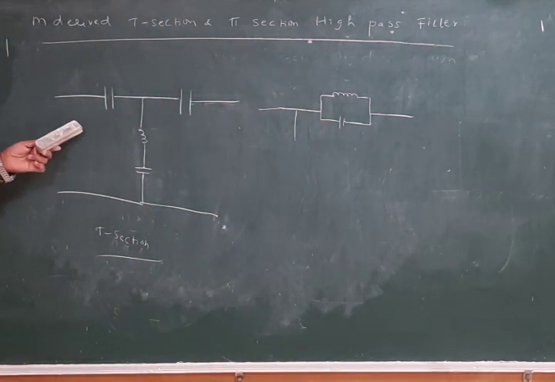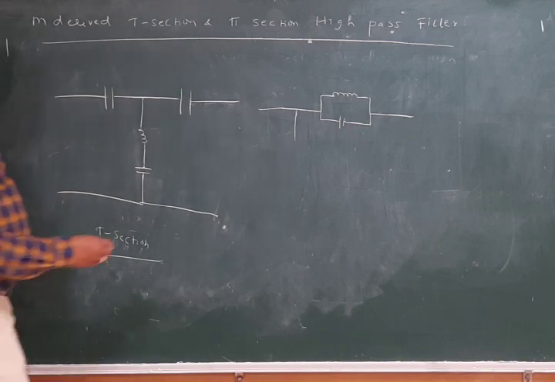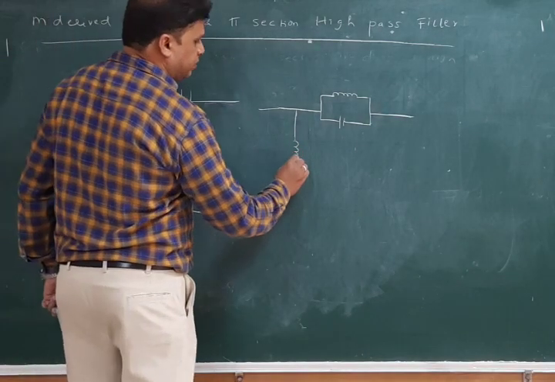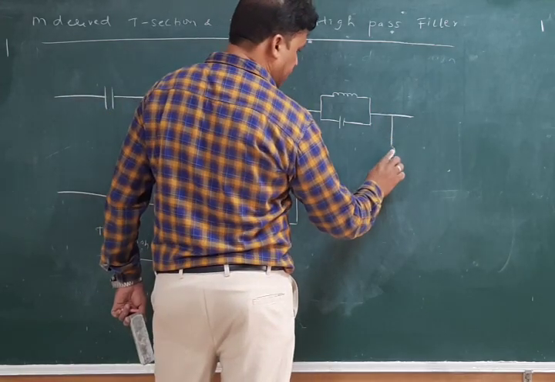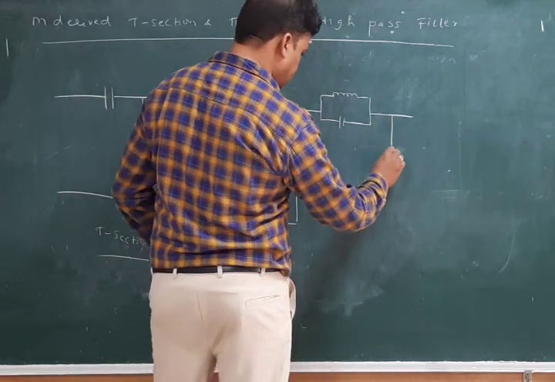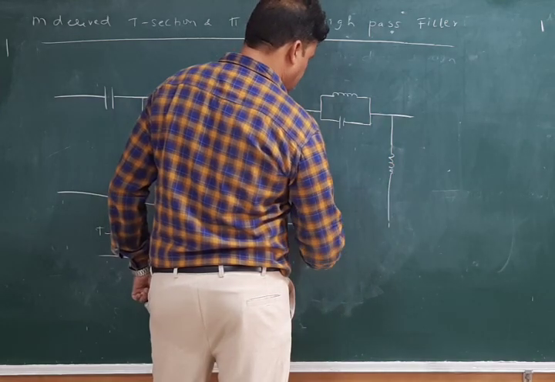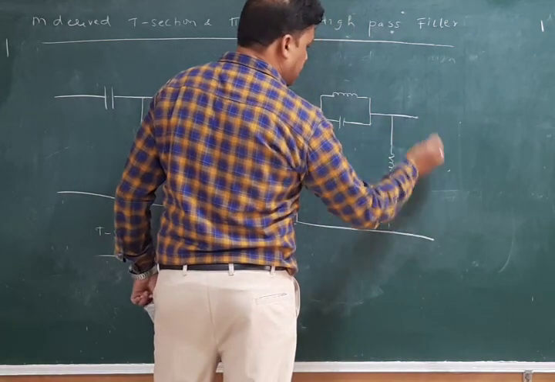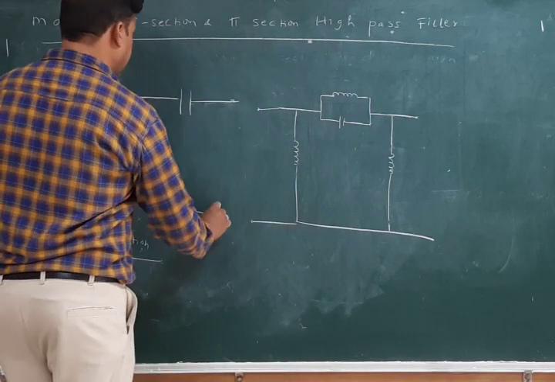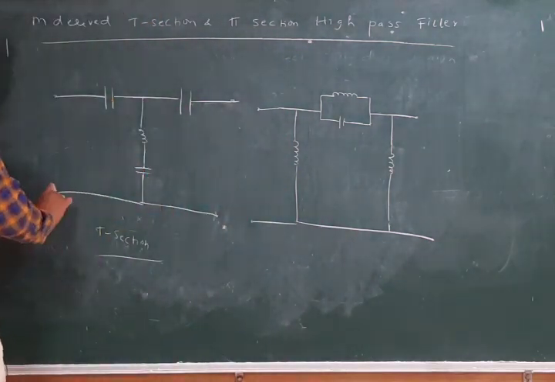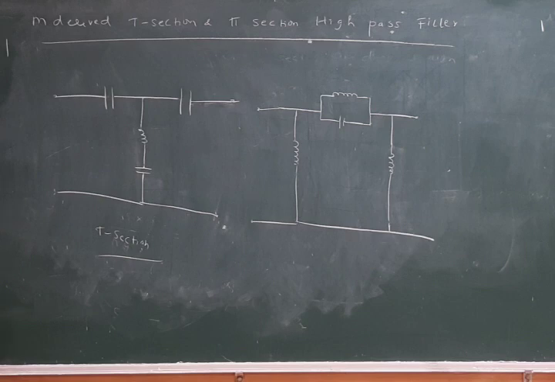So, here capacitance has come, and therefore, you will be drawing the inductance there. Inductance values will be there, and this becomes your pi section high pass filter, M derived pi section high pass filter. And now you can write the values of this M derived T section high pass filter by just writing the values. Okay.